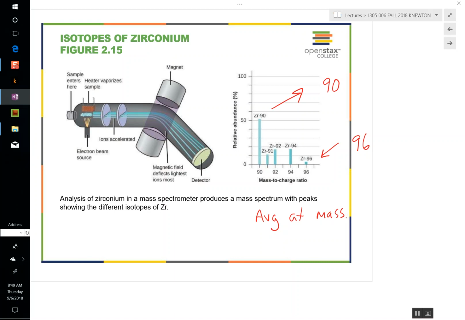So for example, on there, you've got 8 pieces of information. Atomic number, mass number. Oh, this is average atomic mass.